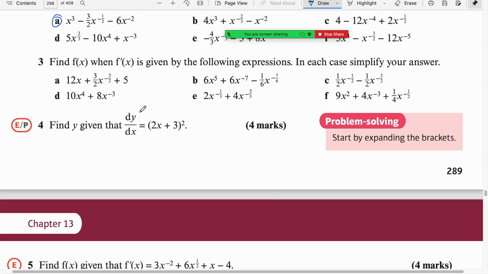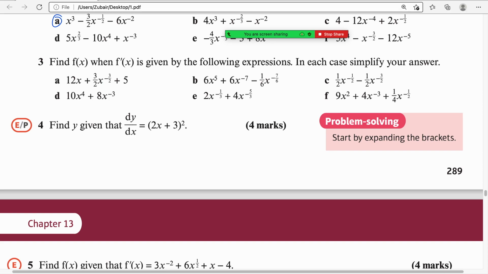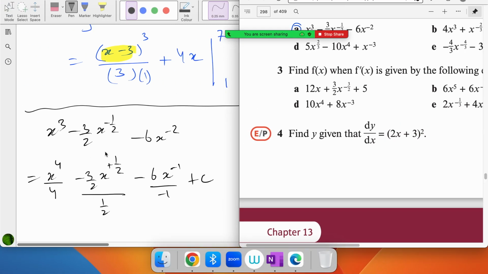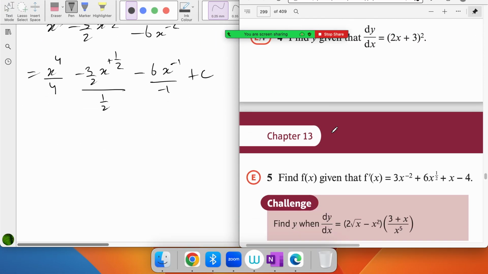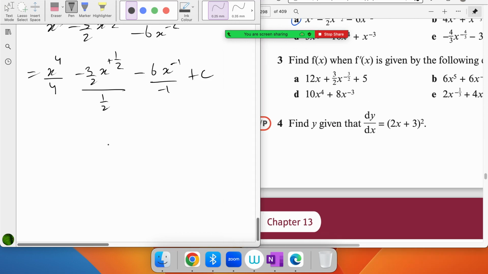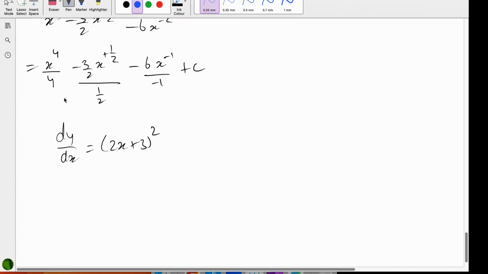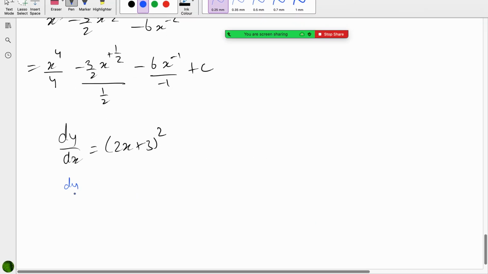Okay, find y when dy by dx is this. dy by dx is equal to 2x plus 3 whole square. Now there are two ways we can do that. One is to expand first, which is a square plus 2ab plus b square.